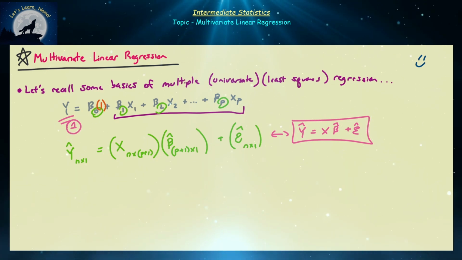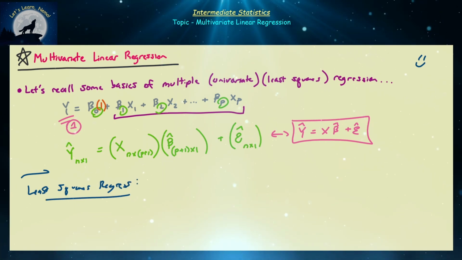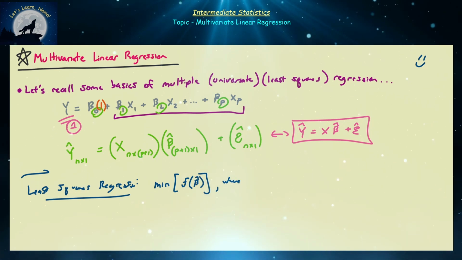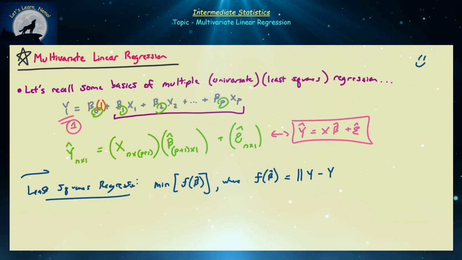Okay, so least squares regression, because we haven't mentioned anything about least squares yet, tries to minimize the functional f of beta hat, which is just some functional on the coefficients of beta. It is trying to minimize the functional y minus y hat, L2 norm squared.